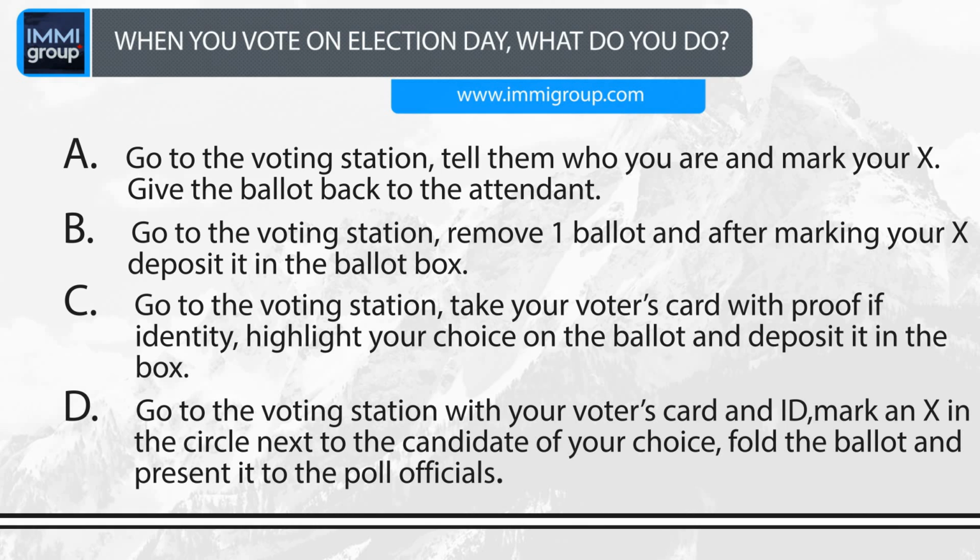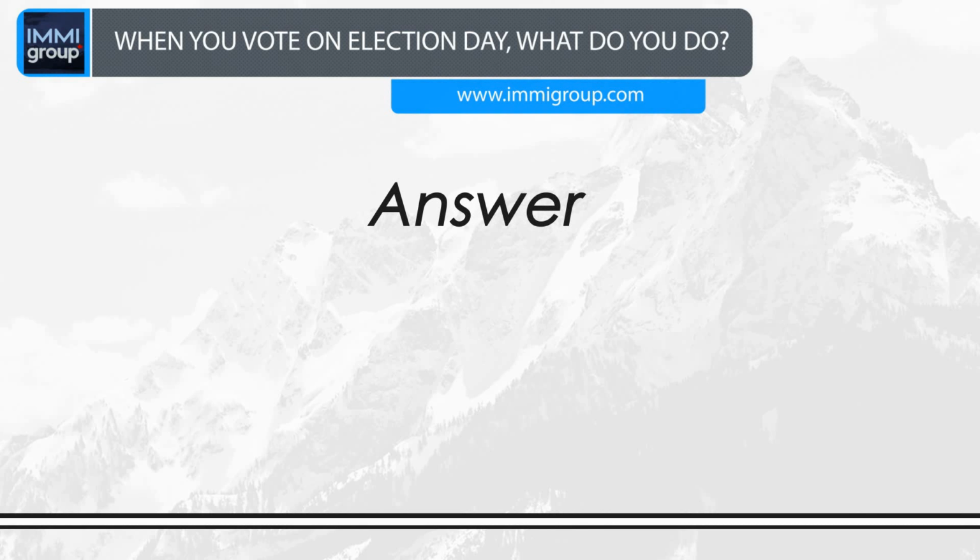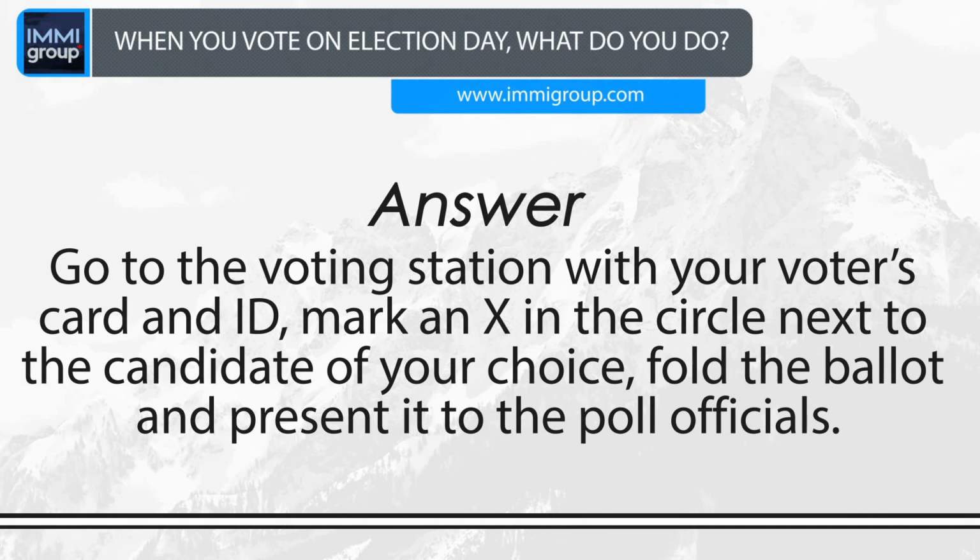D. Go to the voting station with your voter's card and ID, mark an X in the circle next to the candidate of your choice, fold the ballot, and present it to the poll officials. Answer. Go to the voting station with your voter's card and ID, mark an X in the circle next to the candidate of your choice, fold the ballot, and present it to the poll officials.